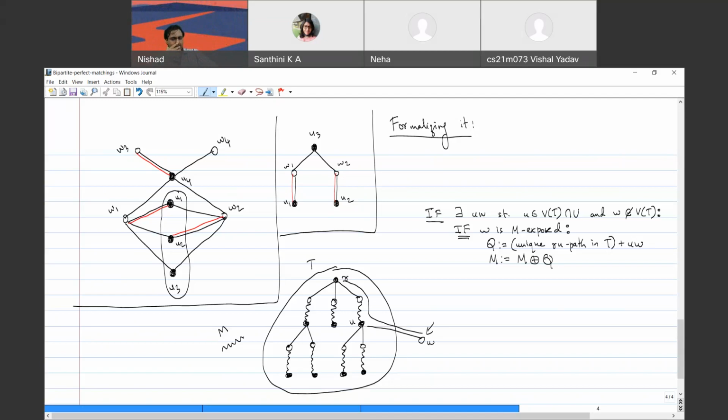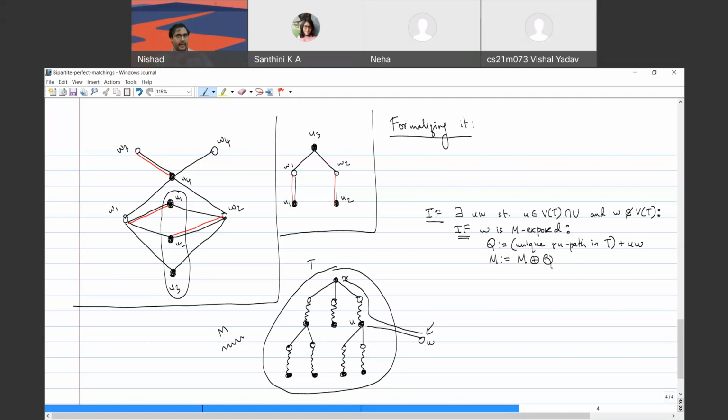Okay. All right. What else should we do now? We have changed the matching. What else do we need to change at this point? The tree. We should restart. We should reinitialize the tree completely. So how should we initialize the tree now? I'm going to throw away this tree and I'm going to start with a new tree altogether.